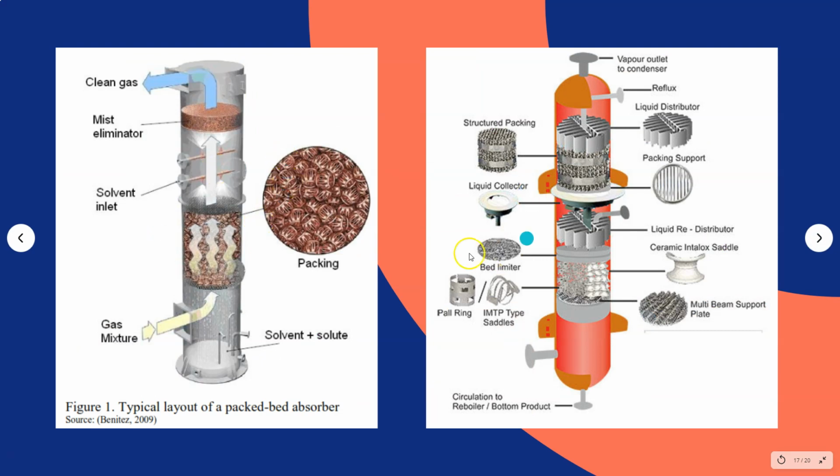These are real examples of adsorbent inside a column. This is a packed bed adsorber, using ring and also packing adsorber.